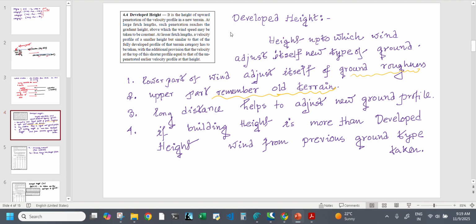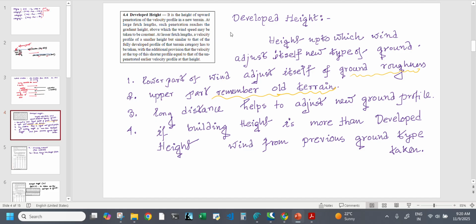Now come to the development height, which we have not discussed earlier. What is development height? It is the height up to which the wind adjusts itself to a new type of ground. That means whenever there is a change in the terrain category, this height also differs for different terrain categories.